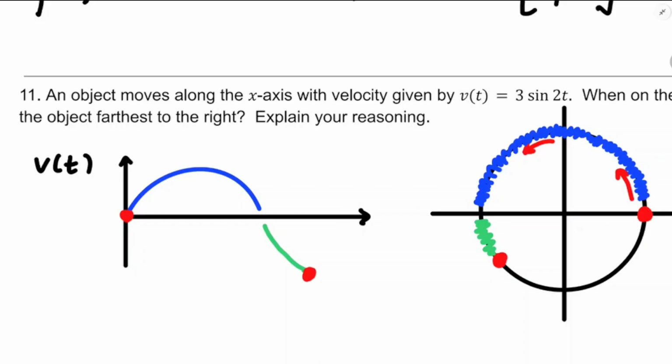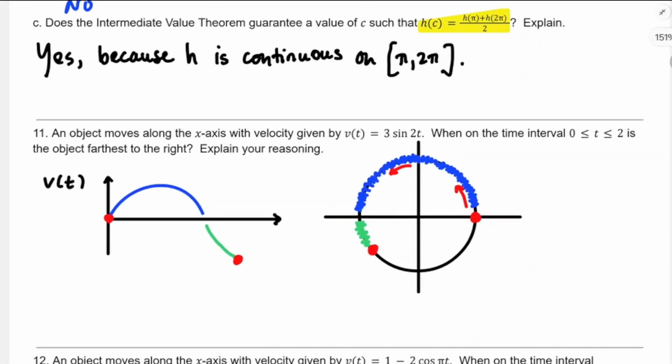Okay. And so since the velocity was only positive and then only negative, at t equals, what would that be? Whatever causes me to take the sine of pi. So that would be t equals pi over 2. And maybe I'll put that in right there.